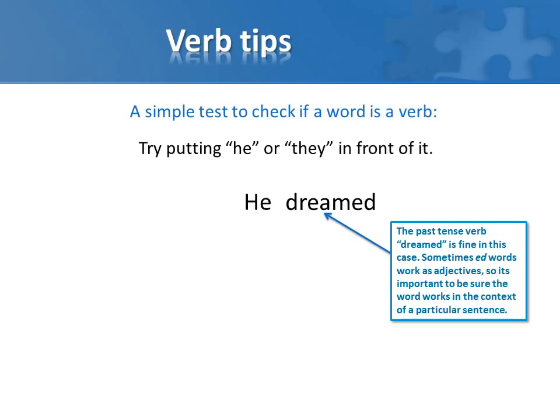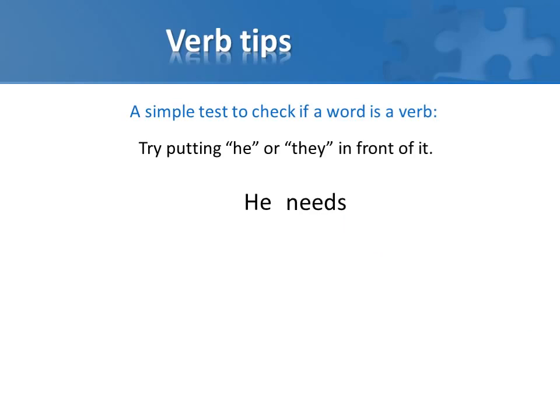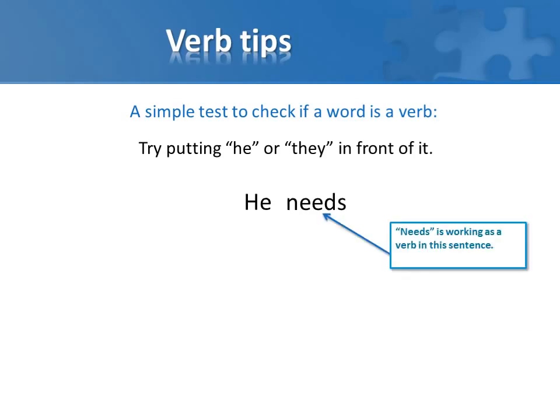So you want to pay particularly close attention to the context of your sentence and make sure that the main action that you're describing is in fact this ed word. Next we have needs, and needs is a verb describing a mental action. He needs. So needs passes our test, and it is in fact the verb in the sentence.